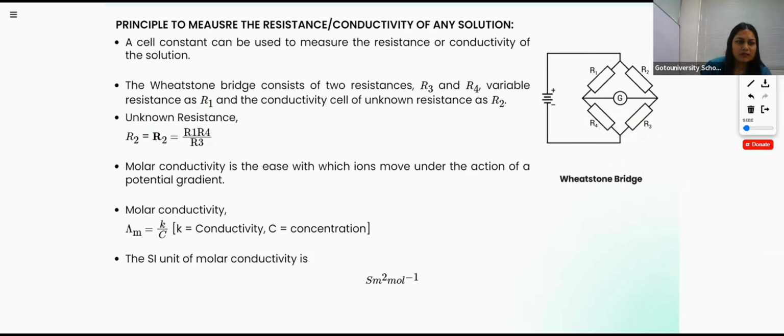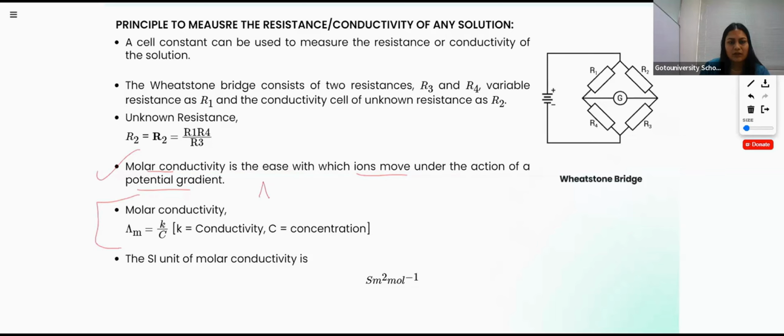Then we have discussed what molar conductivity is, that is the ease or speed with which ions move under the action of a potential gradient. It means 1 mole of solute present in a solution, right? How do we calculate this? I have discussed its relation with conductance.